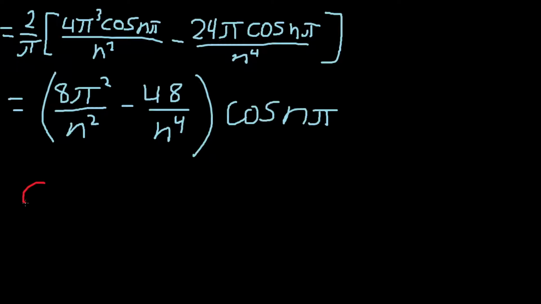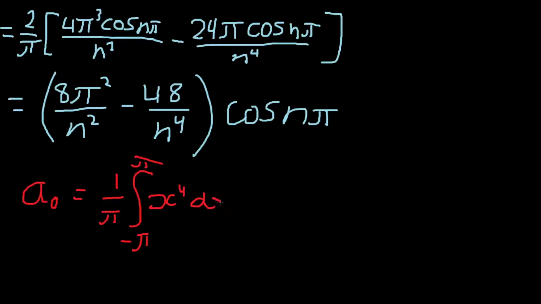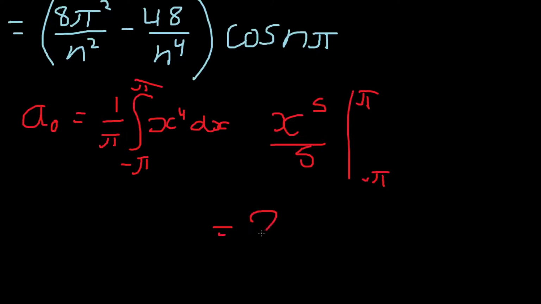This is quite easy actually. a0 is 1 over pi times the integral from negative pi to pi of x to the fourth dx, which is just x to the fifth over 5 from negative pi to pi, which you can clearly see is just 2 pi to the fifth over 5.